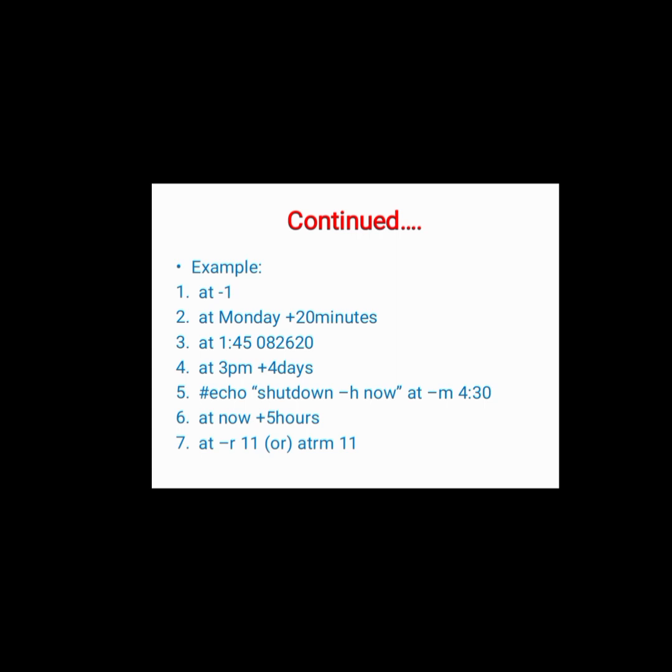And the sixth command, at now + 5 hours. This command is used to schedule a job to run 5 hours from now. And the last command is at -r 11 or atrm 11. This command is used to delete the job.